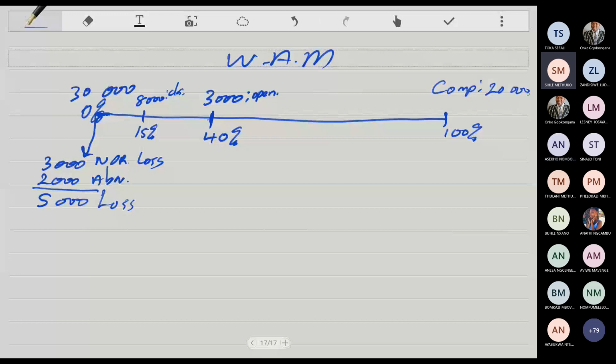Me too. You said we have 30,000 units here. Yes. Then on these 30,000 units, we have to subtract 5,000 units, which is a loss. That's correct. Then at the end, aren't we supposed to have 25,000 units? Yes, we have 25,000 units left.